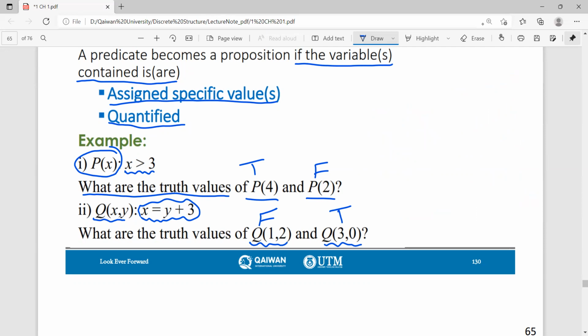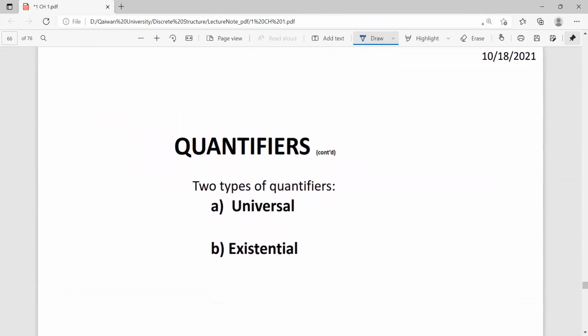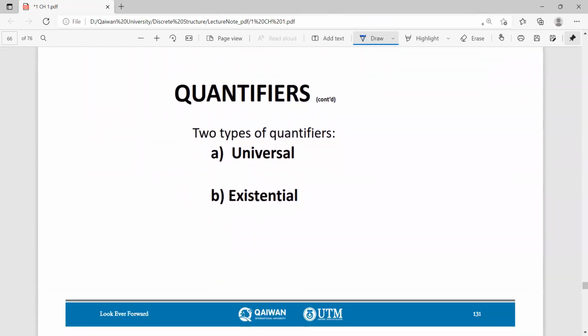We are going to choose only the numbers which are true for the statement. And you have two types of quantifiers, which are the universal quantifier and the existential quantifier.